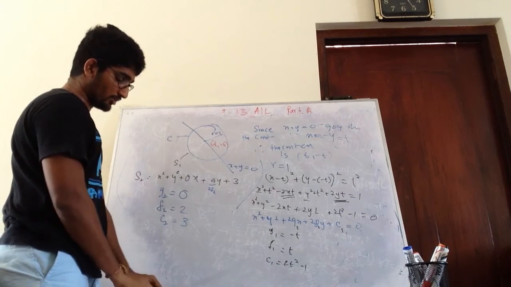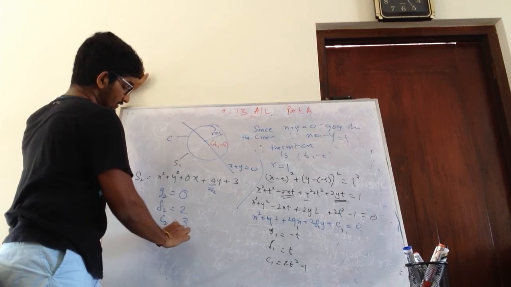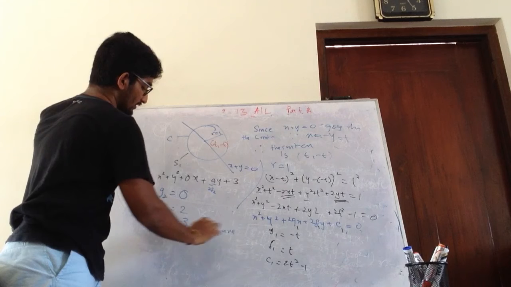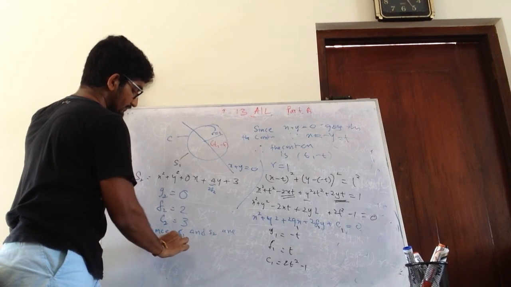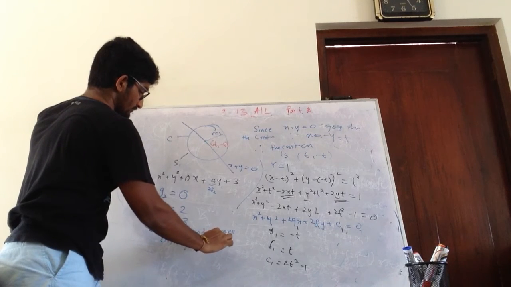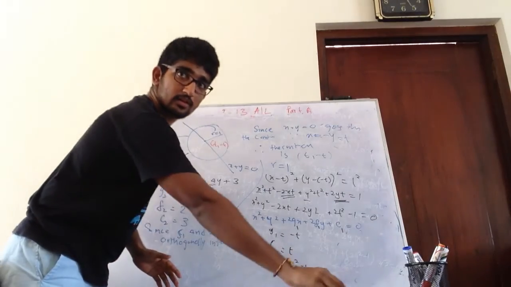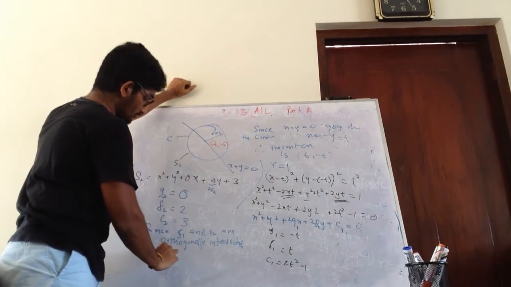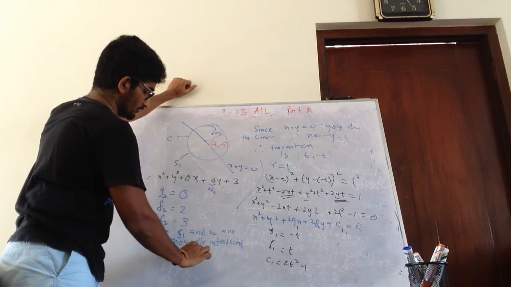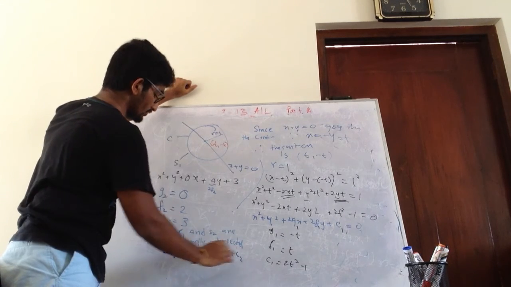Since S1 and S2 are orthogonally intersected, you can write 2G1G2 plus 2F1F2 equals C1 plus C2.